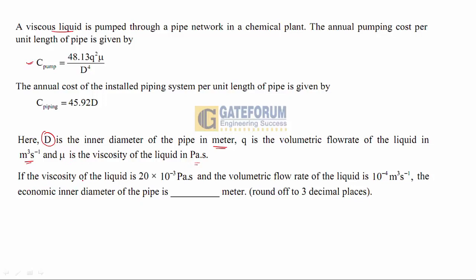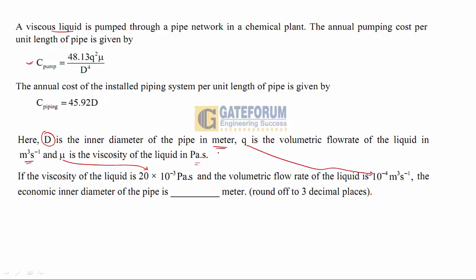Viscosity, which means mu, is given to us: 20 into 10 power minus 3 Pascal second. Volumetric flow rate of the liquid, which means Q, is also given to us: 10 power minus 4 meter cube per second. The economic inner diameter of the pipe we are to find in meter.